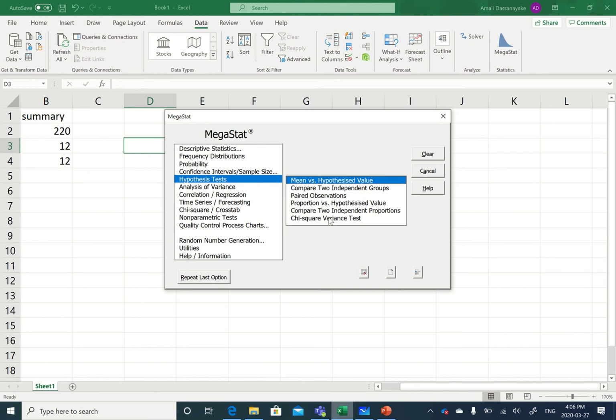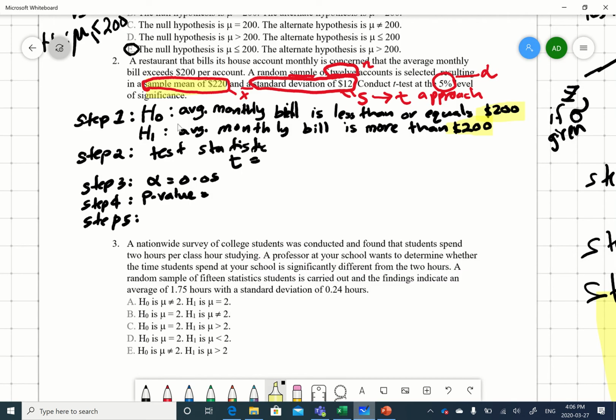And chi-square variance, we are not going to do it at all. So it's not these last three; it has to be one of the first three. The first one says mean versus the hypothesized value, compared to independent groups, paired observations. What we are doing here is comparing our population mean.